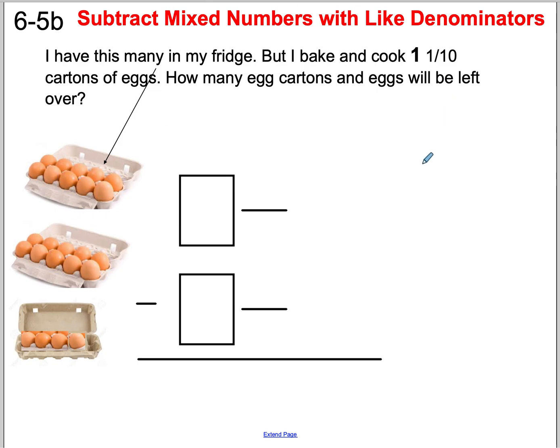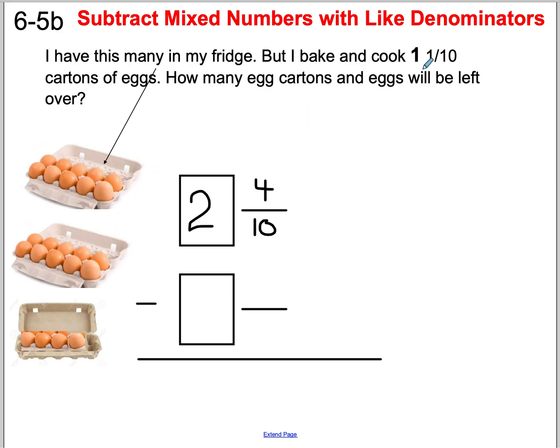My whole number is 2 cartons. And my fraction of a whole: my numerator is 4 because that's what I have. And what comes in a whole carton of eggs? 10. So I have 2 4/10 in my fridge.